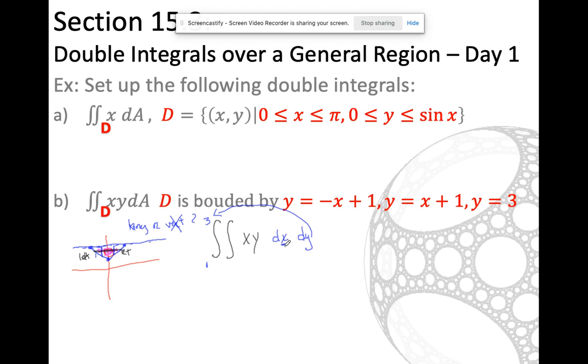Since this is dx, these functions have to be x equals. So who is my right function? This is my right function. This is my left function. So this is x equals y minus 1.